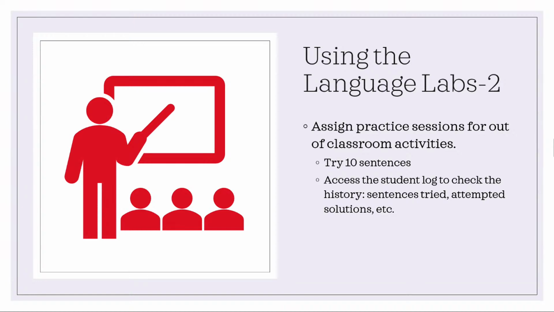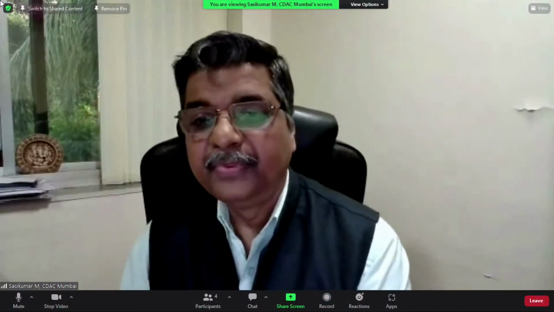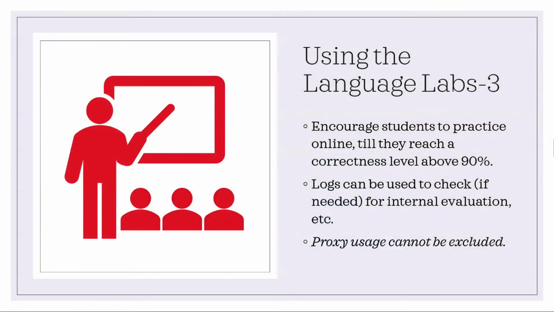So you can assign practice sessions for homework using the same OLAPS. Because it is accessible in the school as well as at home, this is very effective, because on the same platform they can work in class, do homework, and also practice online. You can encourage students to practice online till they reach a correctness level of about 90%.